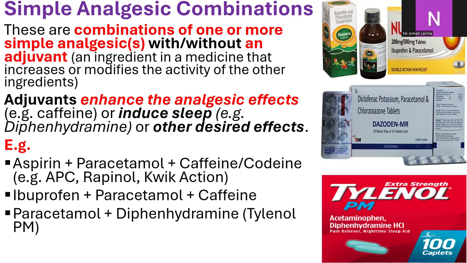But if it is caffeine, where caffeine is the adjuvant, that will be called a simple analgesic combination. So you can have brufen, paracetamol with or without the caffeine, aspirin, paracetamol with or without the caffeine. And that becomes simple analgesic combinations.